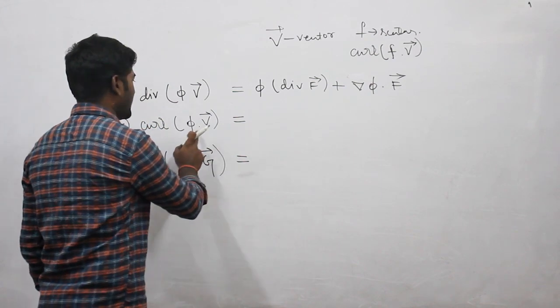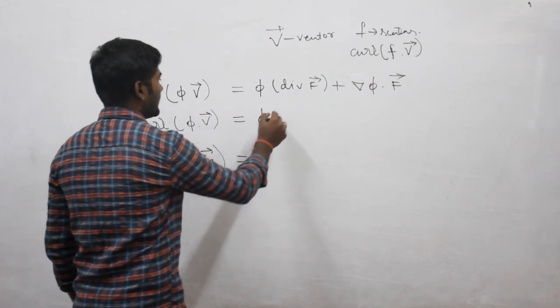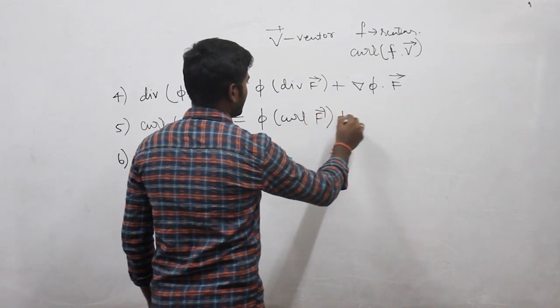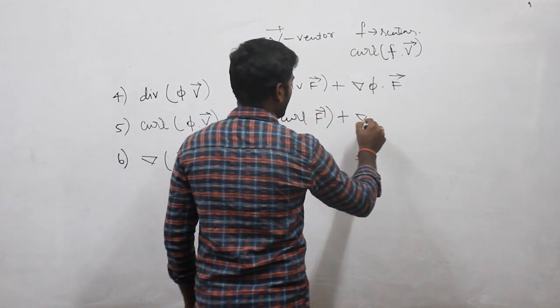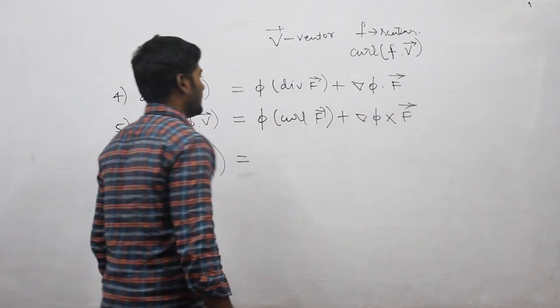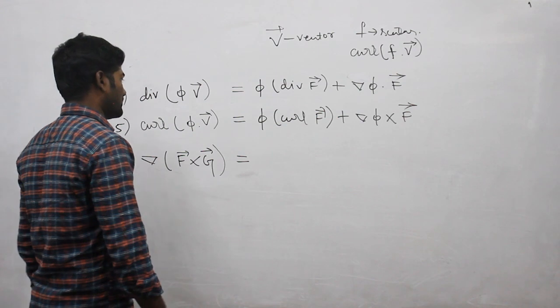Similarly, curl of pi v vector is equal to pi into curl of v vector plus del pi cross v vector. This is the formula you should remember.